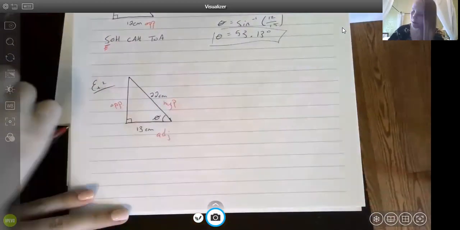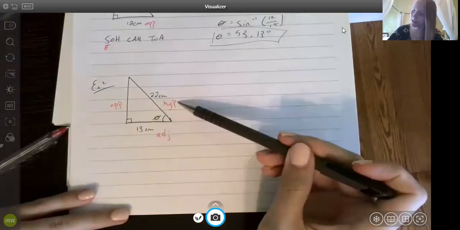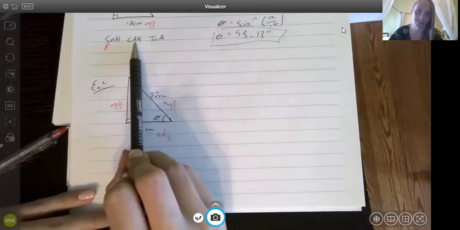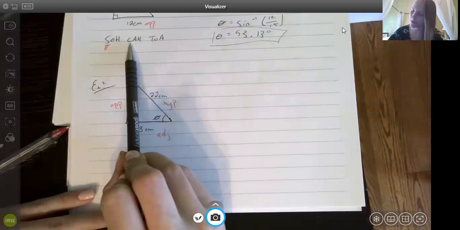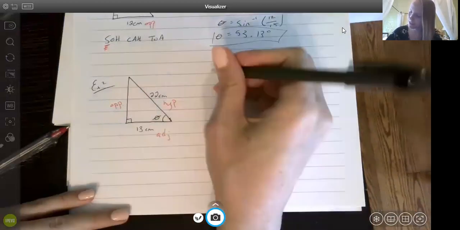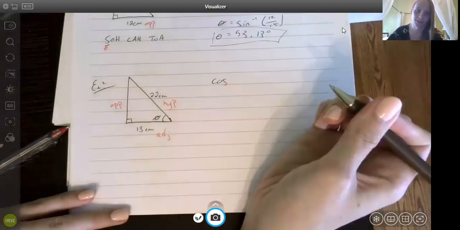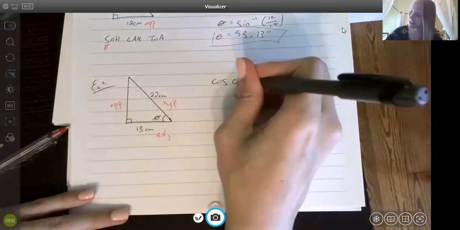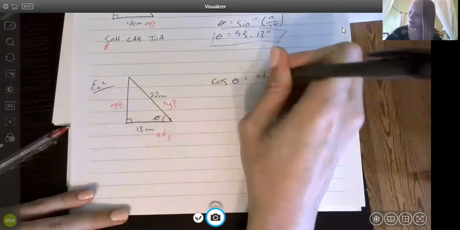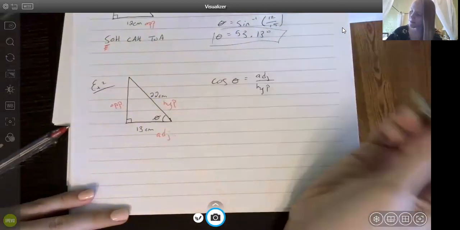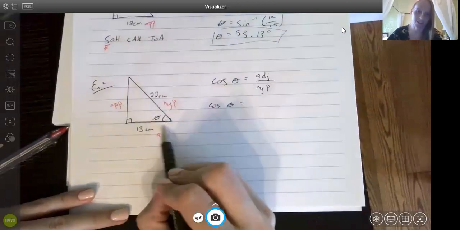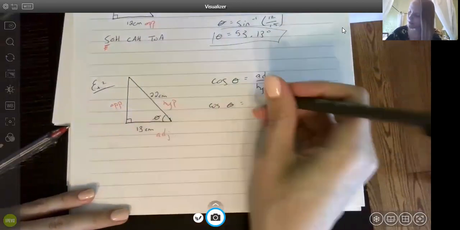Now this time, I have the hypotenuse and the adjacent side, which means that I'm using cosine. So the cosine, which we represent with COS for short, of an angle is the adjacent side over the hypotenuse. So we'll plug in our adjacent side of 13 divided by 22.